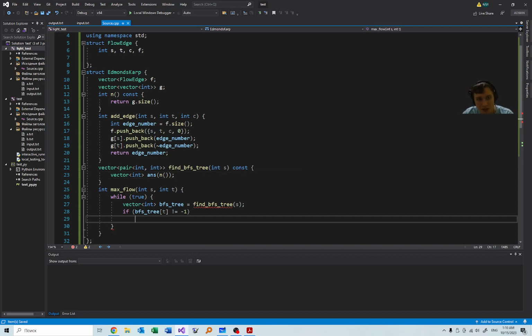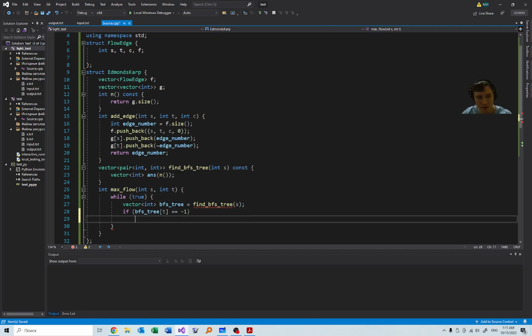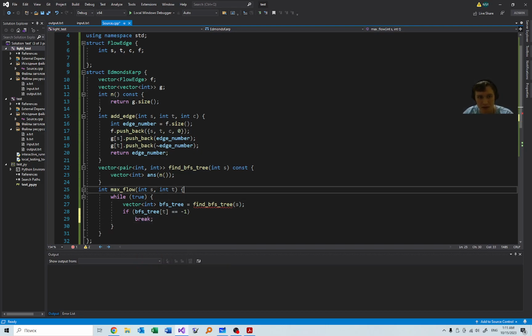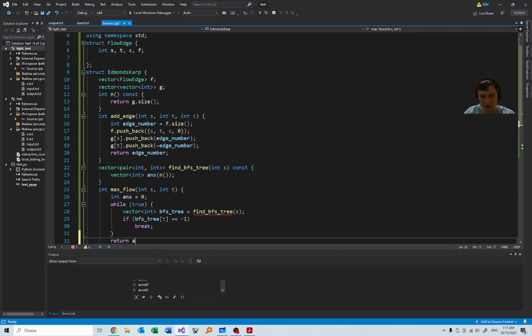So here I propagate. So if this is 1, then we break. Here we say int ans equals 0. Here we return ans.